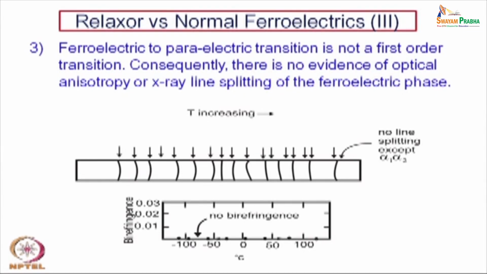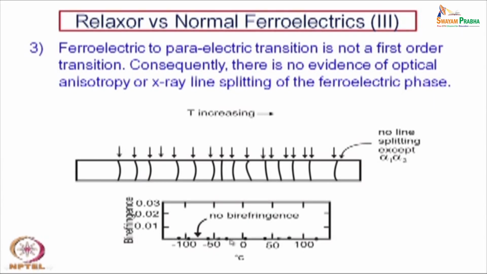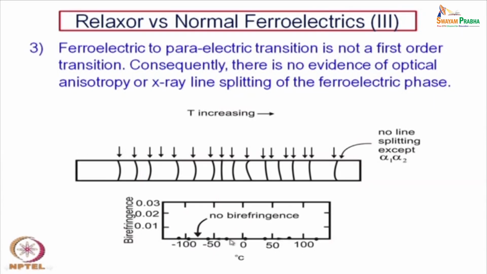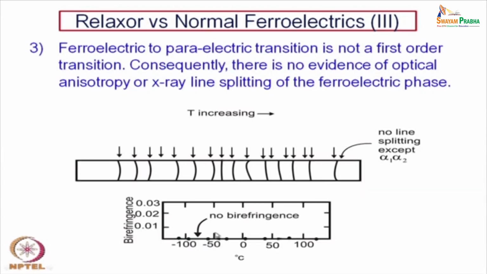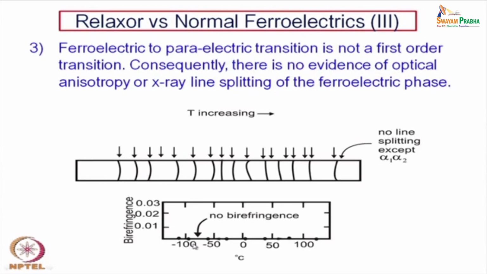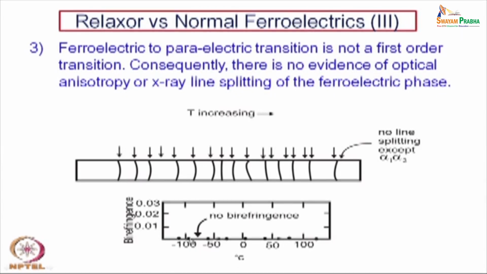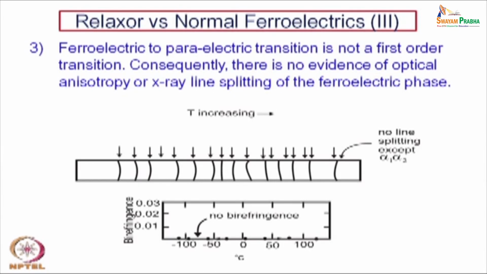But also there is another deviation in the optical properties. There is quite a bit of birefringence in normal dielectrics, because there is a distinct crystallographic change, whereas here there is no birefringence.